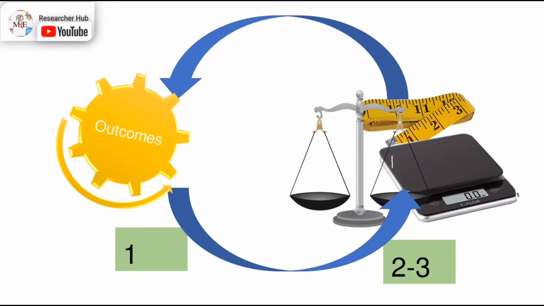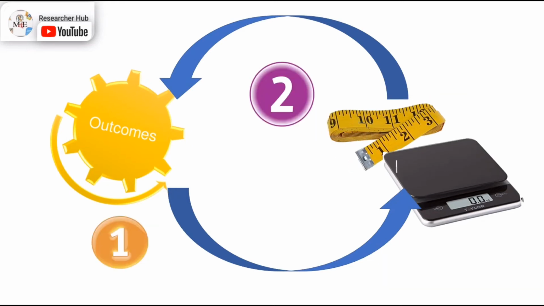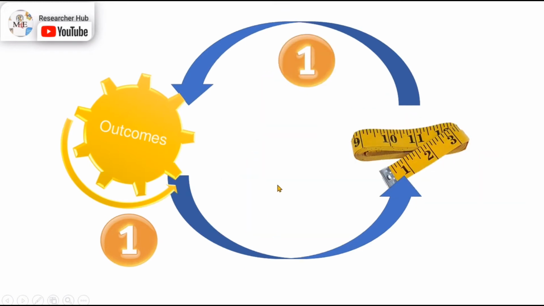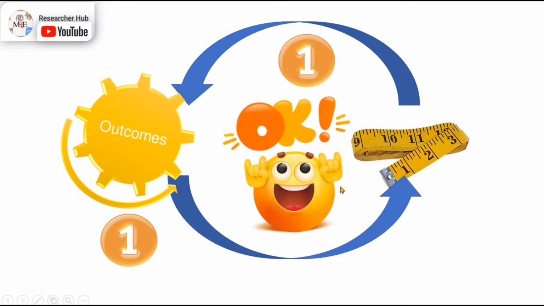If you can do 2 per outcome statement, that would be wonderful. If you can select 2 indicators, that's good. But in some cases, if you can only get 1 indicator, that's fine. It's okay, because I meet this very often. In some cases you have to force yourself to use only one indicator.